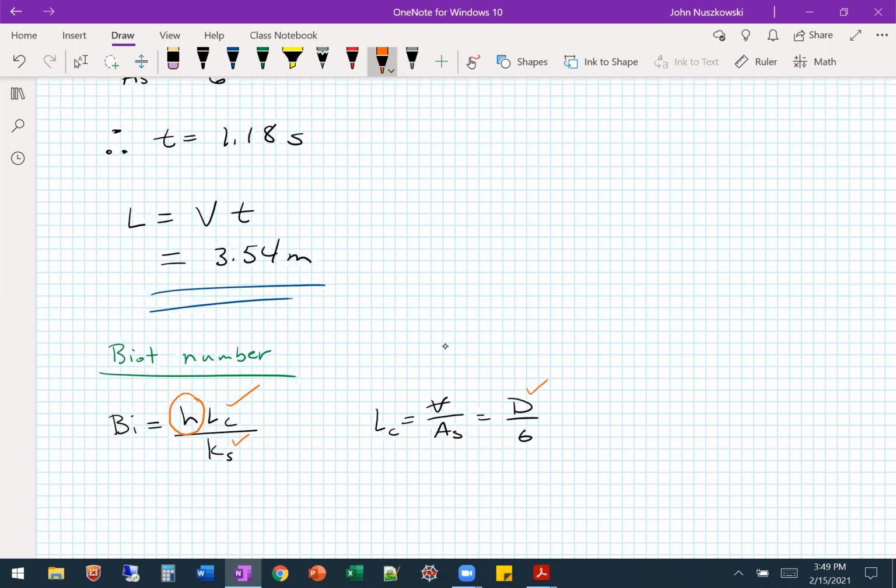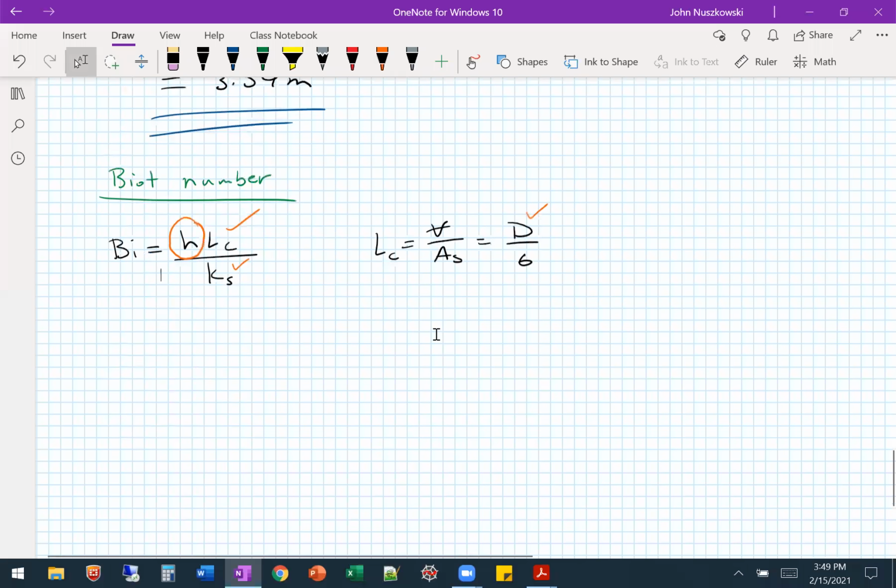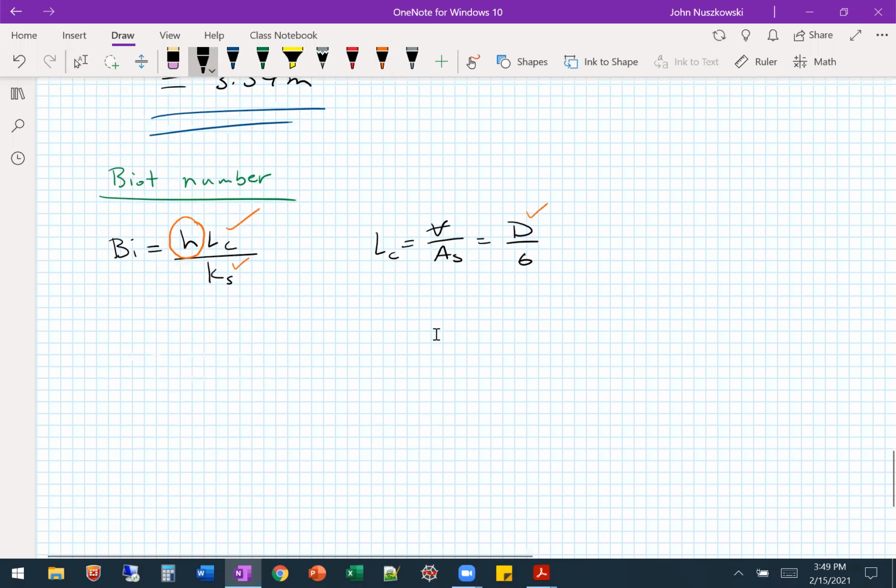Because the Biot number is just the resistance of conduction over convection. In this case, there's no convection, so it would be the resistance of conduction over the resistance of radiation. So to get this h value, we actually need the equivalent h_r, what a convection coefficient would look like for this radiation condition.